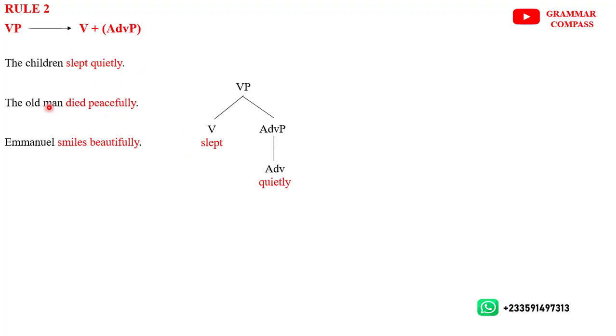Died peacefully is a verb phrase, and it consists of the verb died, and then it is qualified by an adverb phrase. And this adverb phrase consists of only one word adverb, that is peacefully. So this is the tree that is going to be generated from the second verb phrase in our list.